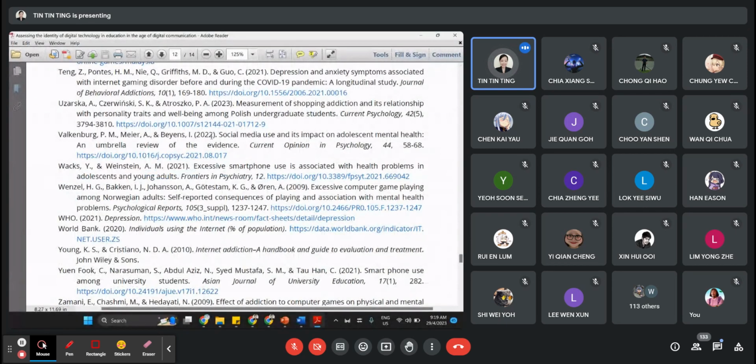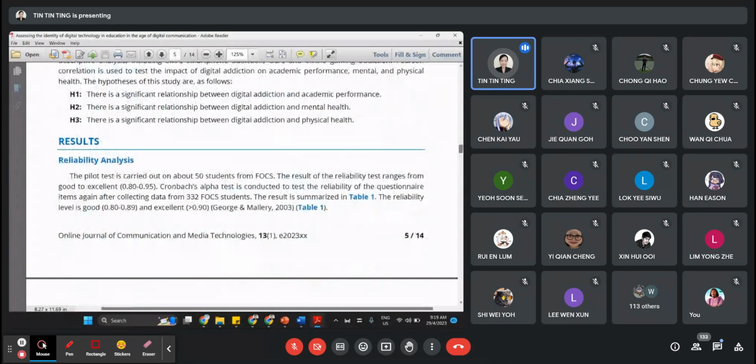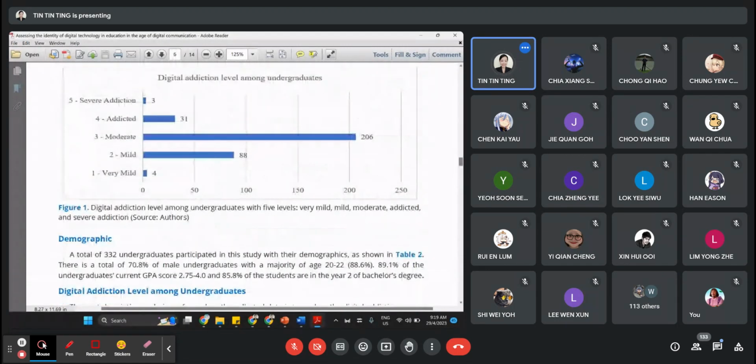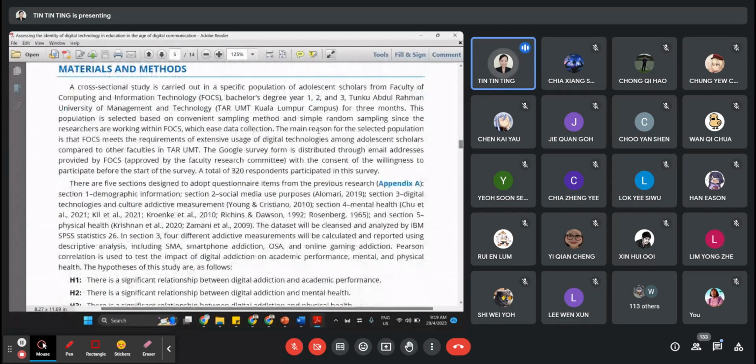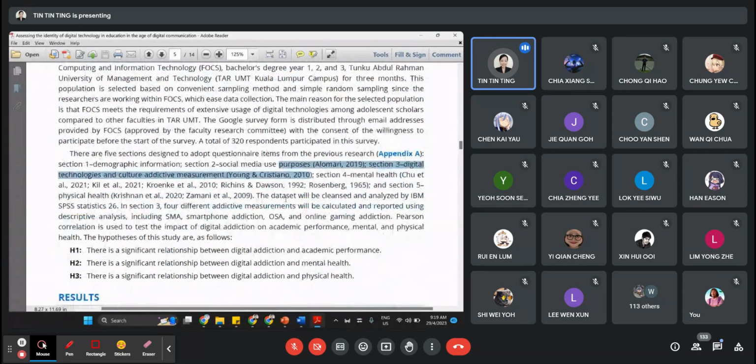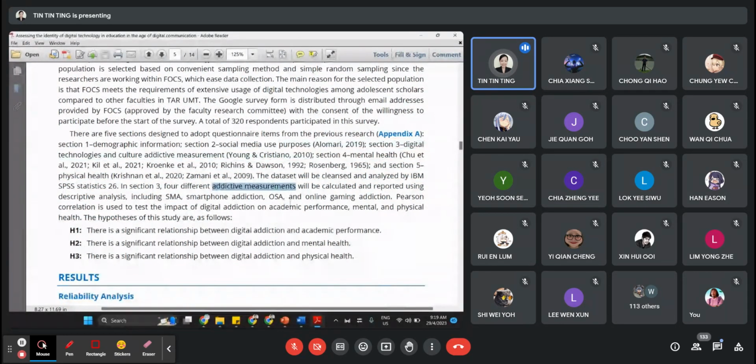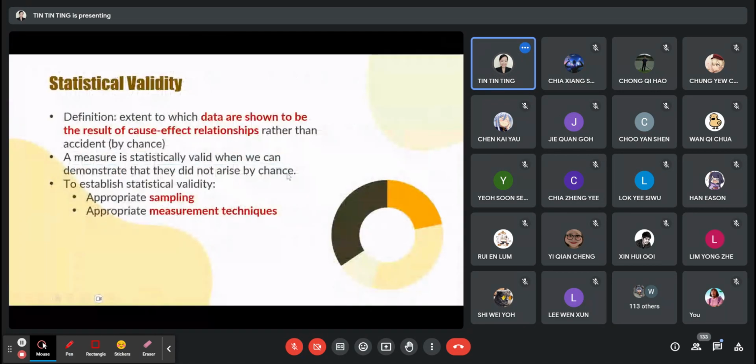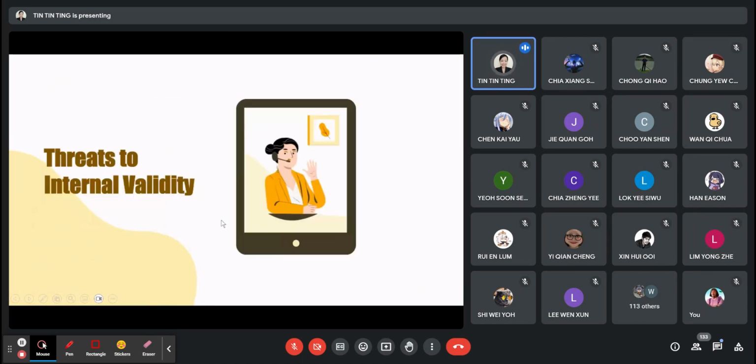That's why we will need to actually cite it and let them know that we are using, for example, these people's work. Okay, all these people's work in measuring the social media usage. Additive measurement will be calculated, reported as what and what. Okay, all these are the support for statistical validity, to tell people that it's not questionable. My measurement technique is not questionable.